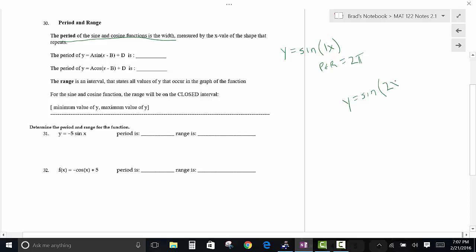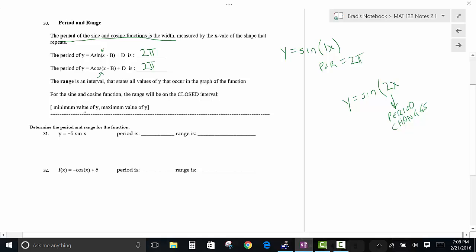If you put a number in front of x, like a 2 or something, then the period changes, but we're not quite there yet. So everything in this section, the period's going to be 2 pi. The period of the cosine wave is also 2 pi, because there's nothing in front of x yet.